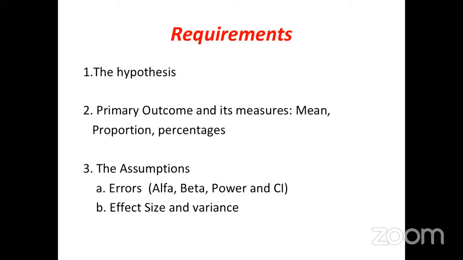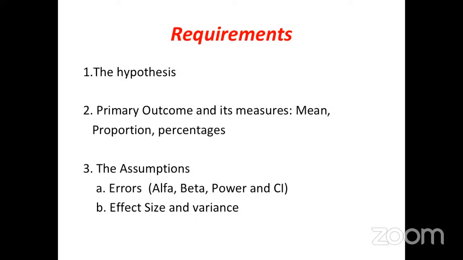So you assume the effect size, that is the difference between the 2 groups, that is the patient who receives buprenorphine and who doesn't receive the buprenorphine, to be at least a minimum of 60 minutes. That means if the duration of analgesia in group A, who doesn't receive buprenorphine, is 300 minutes, you assume that adding buprenorphine to intrathecal can result in a duration of analgesia of at least 360 minutes. So the difference between group A and group B is 60 minutes. This is the effect size that you are actually assuming.